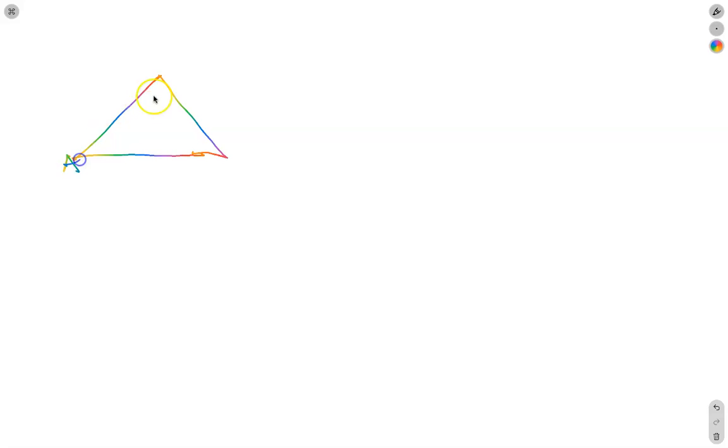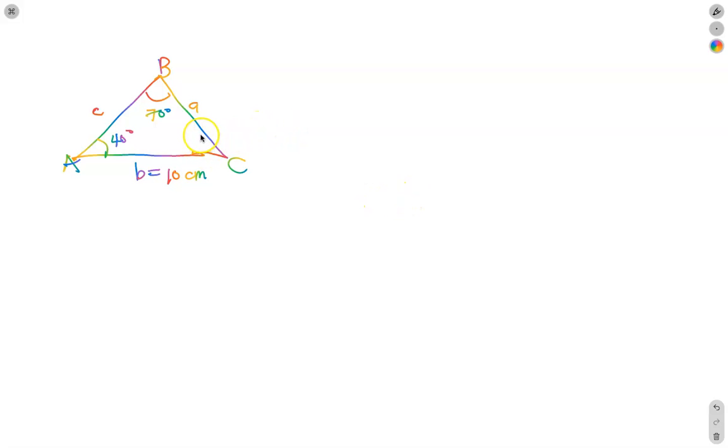Let's label the points A, B, and C. So this is B here, this is C, and this is A. Example: if angle A is 40 degrees, angle B is 70 degrees, and side b is equal to 10 centimeters. The question is, what is the measure of the other sides and angle C?